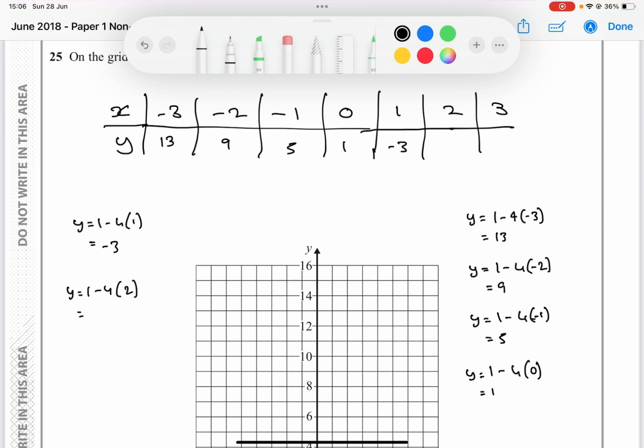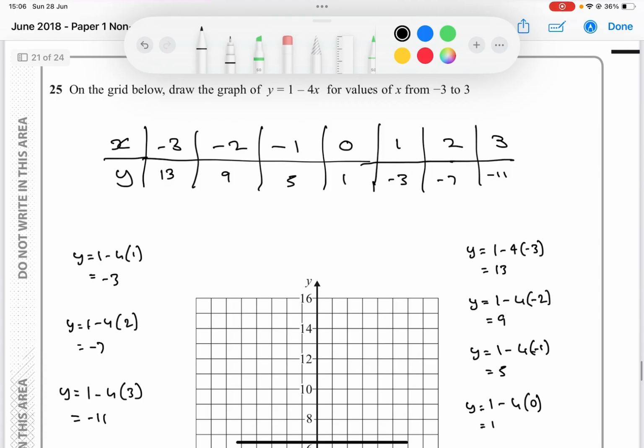Minus 8, 1 minus 8 is minus 7. That's minus 12. 1 minus 12 is minus 11. Okay, so these are all our points that we need to plot.